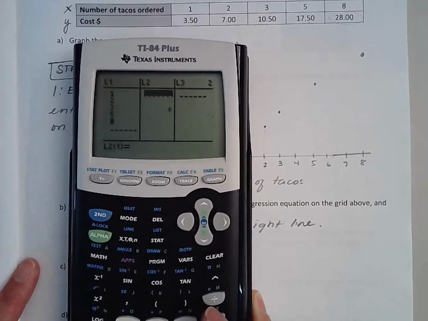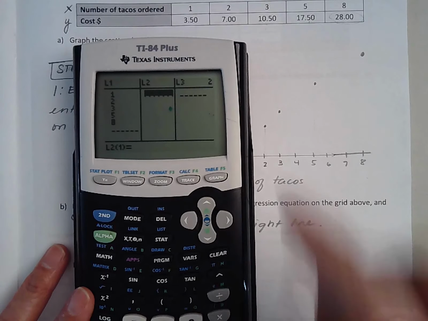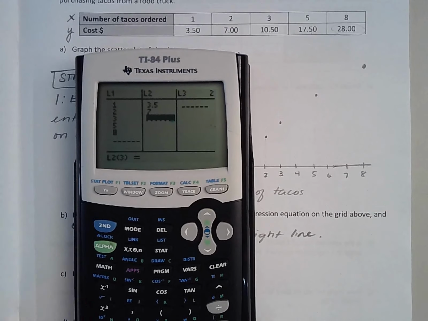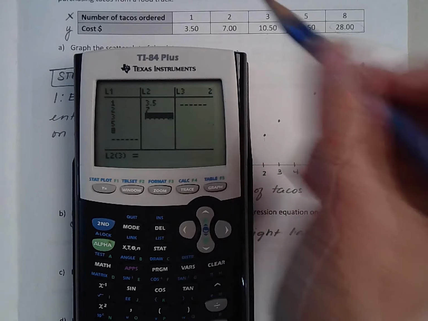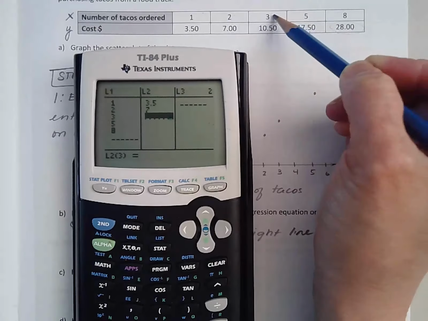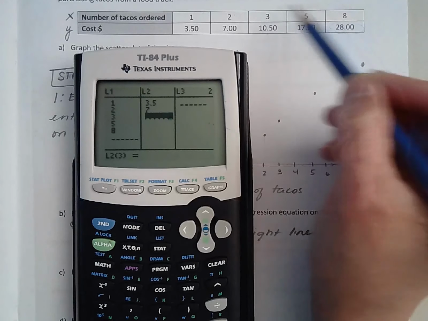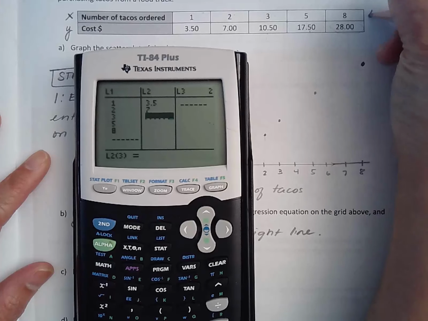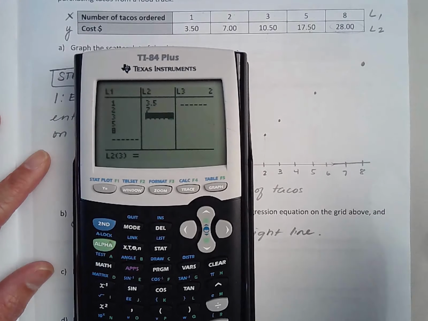And L2, what do we type in L2? The Y values, right? So 350. Enter. I'm just typing 1, 2, 3, 5, and 8, because that's my data on L1 and L2.